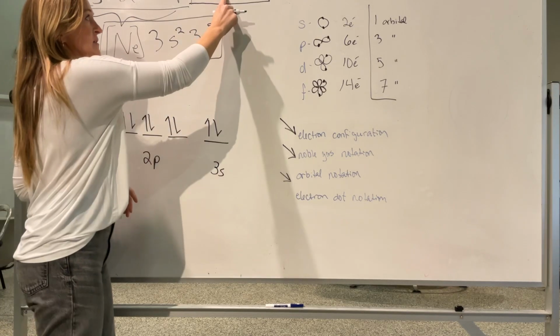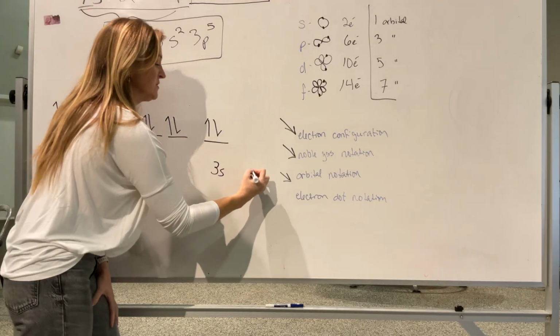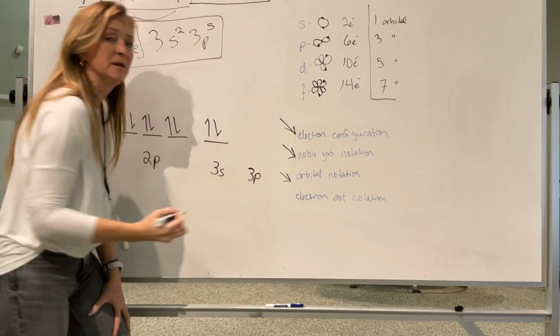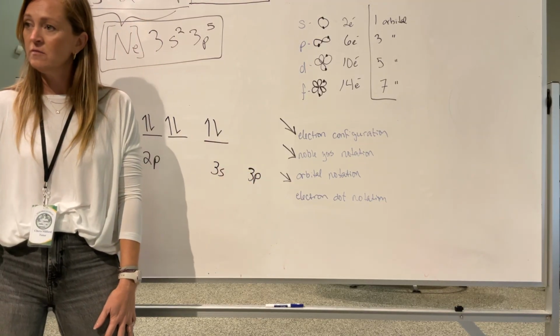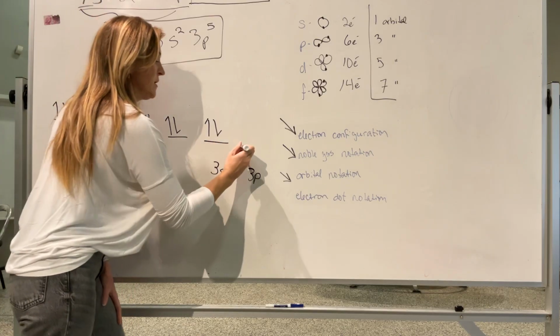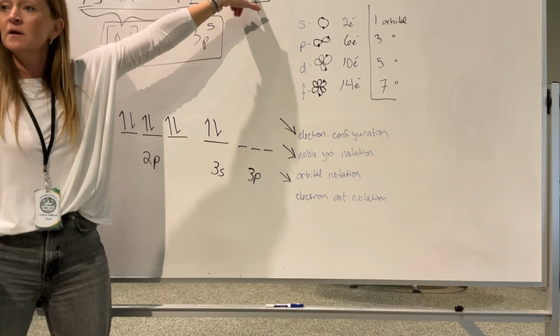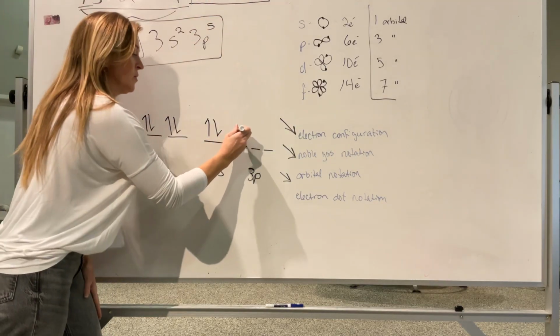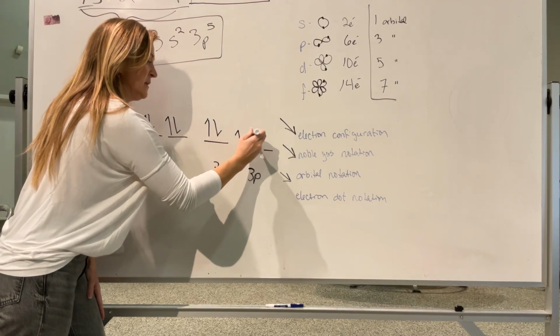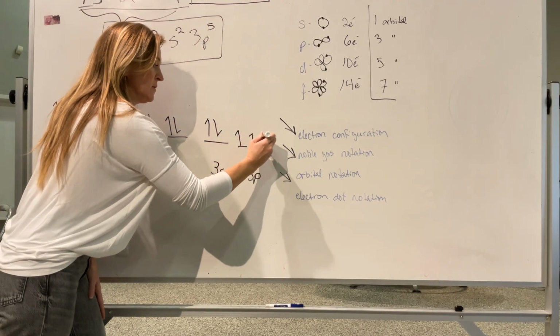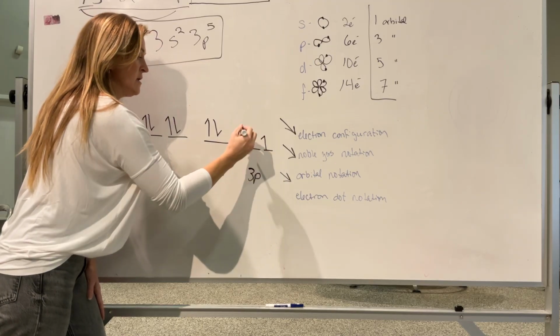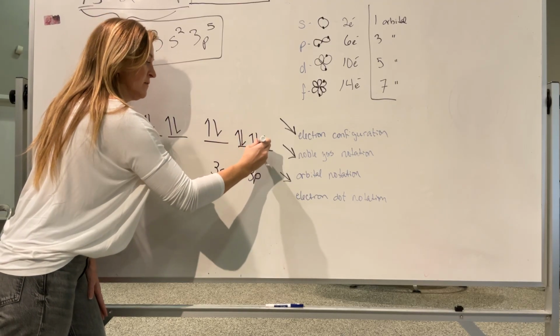And then my very last is 3p. Okay, so this is going to be 3p. How many orbitals again are in p? 3. So we've got 1, 2, 3. I've got 5 electrons, and so according to Hund's rule, I'm going to put 1 with the same spin in each first. So that's 1, 2, 3. Now I'm going to double. 4, 5.